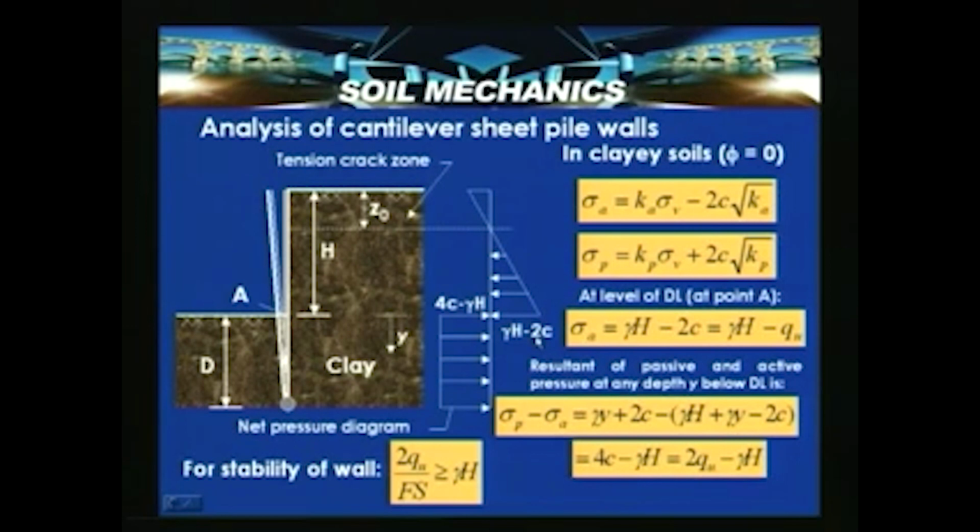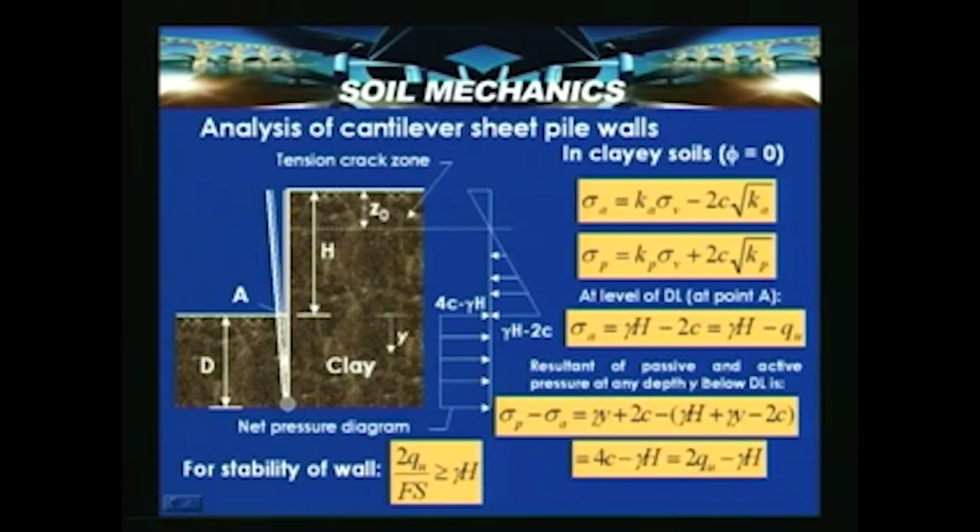If there is a tension crack, or the soil is under tension, then this negative pressure will occur. Otherwise, if there is a surcharge equivalent to this pressure, then the pressure will start somewhere here and be 0 at this point.